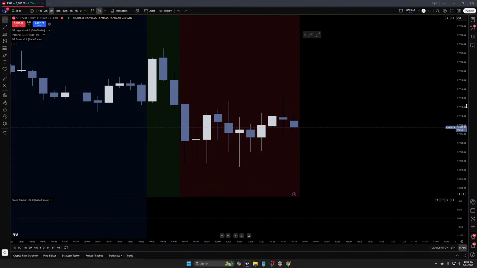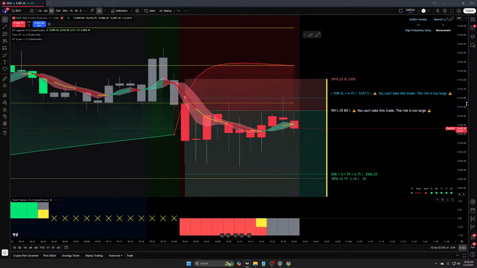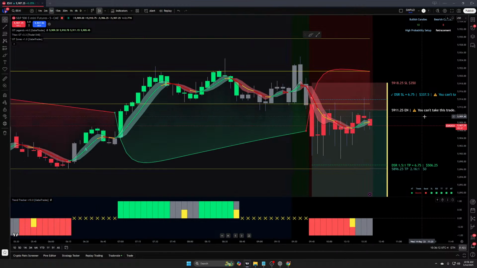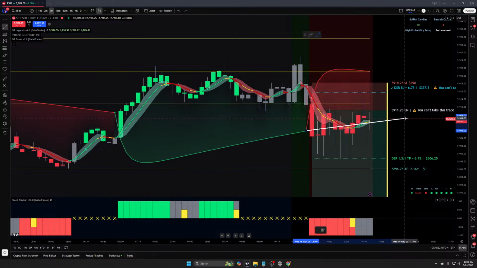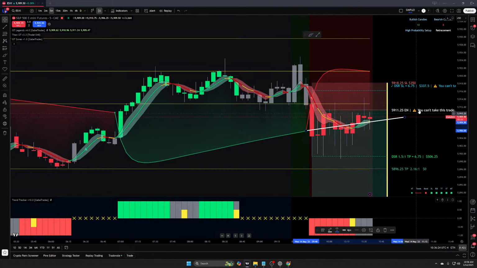ES, pretty much consolidating the same. Now ES, let's do this. Right there, we extend GT, and it gives us more of a complete picture there, right?